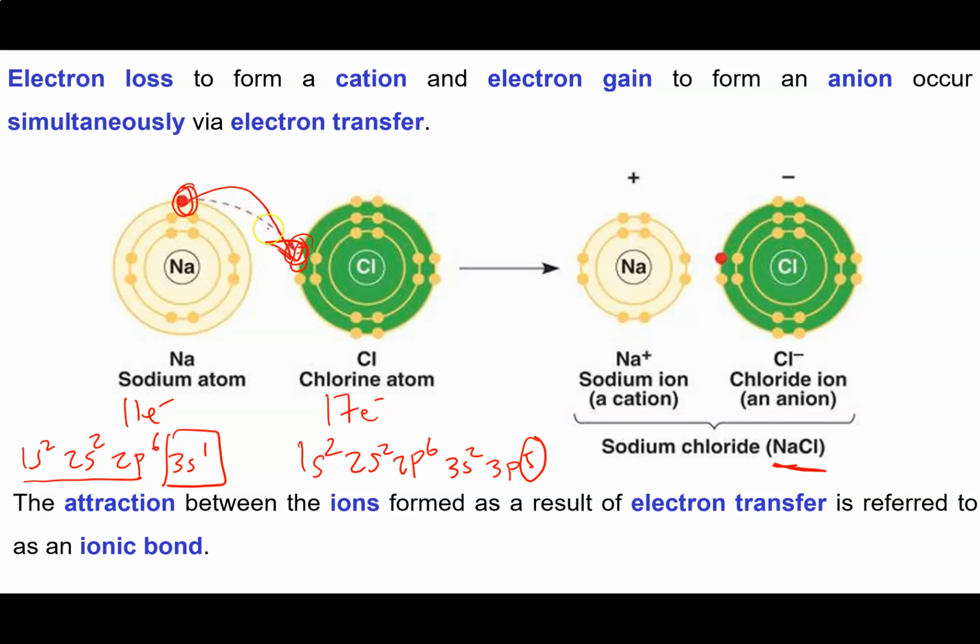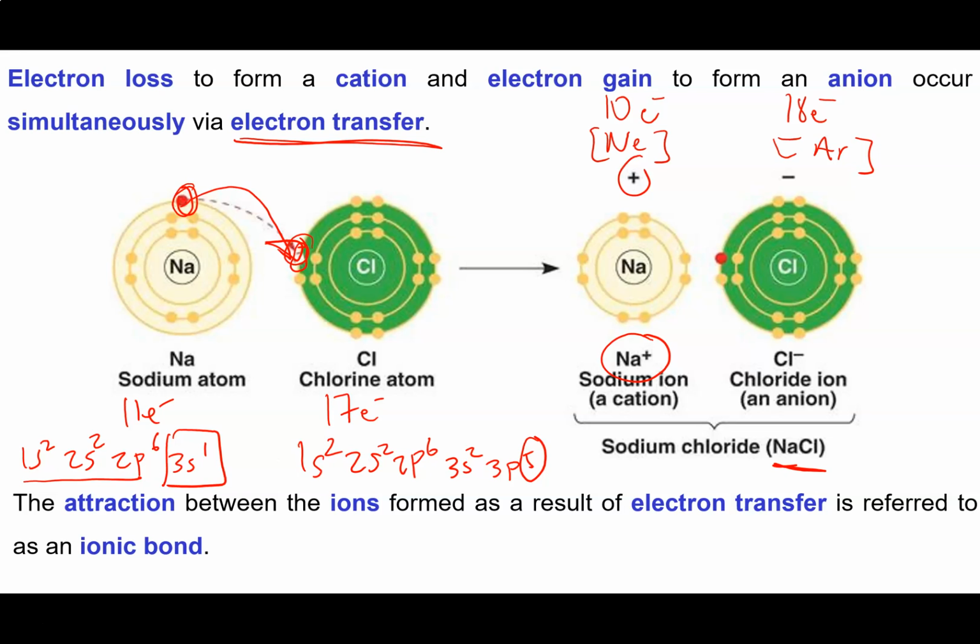It's a transfer, right? Electron transfer happens, and what we end up with is a sodium cation. It's +1 because it lost 1 electron, with 10 electrons in the configuration that neon has, and then we end up with a chloride anion with 18 electrons with the same electron configuration as argon.